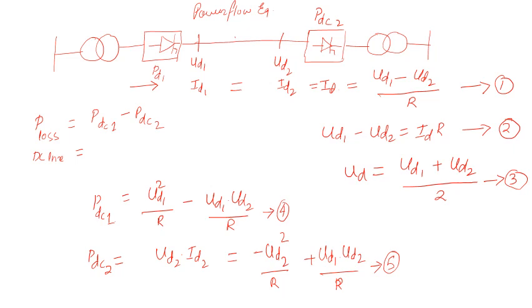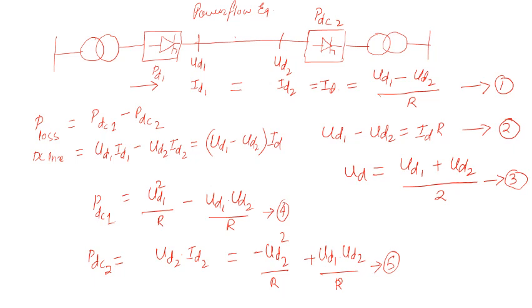So you can write UD1 ID1 minus UD2 ID2. Here ID1 and ID2 are the same, so I can say UD1 minus UD2 multiplied by ID, right?